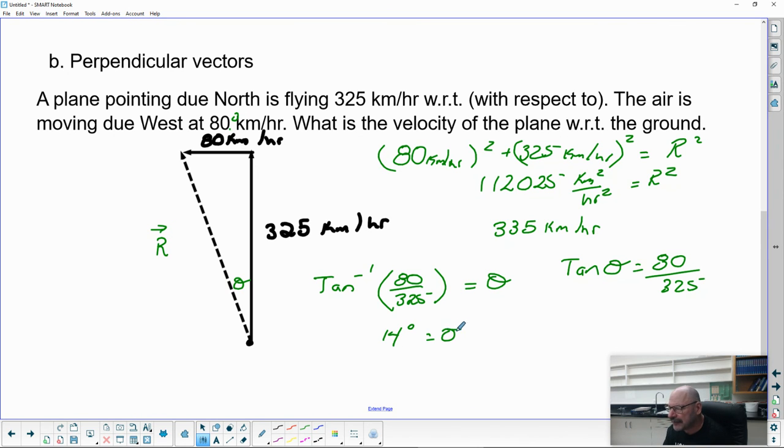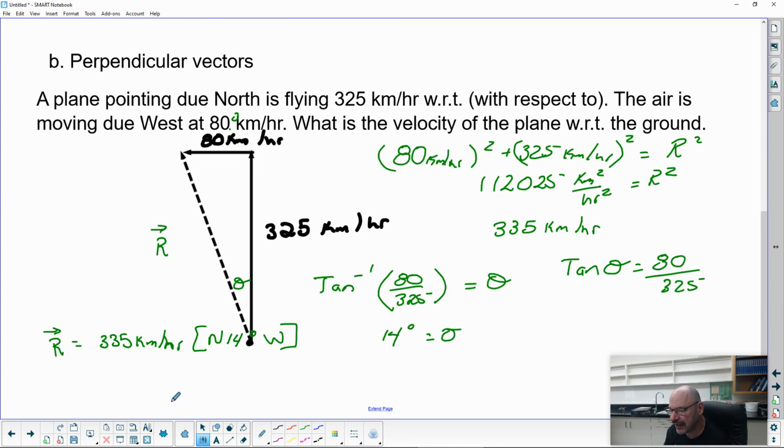So our final answer then, and the last thing we're going to do today, this resultant vector r is 335 kilometers an hour, and we're traveling at north 14 degrees west.